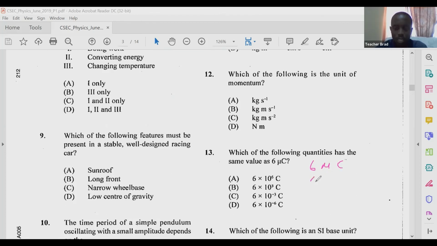So that should be 6 times 10 to the negative 6 coulombs. So the prefix micro is 10 to the negative 6, and your answer is 6 times 10 to the negative 6 coulomb. That's D as in dog.